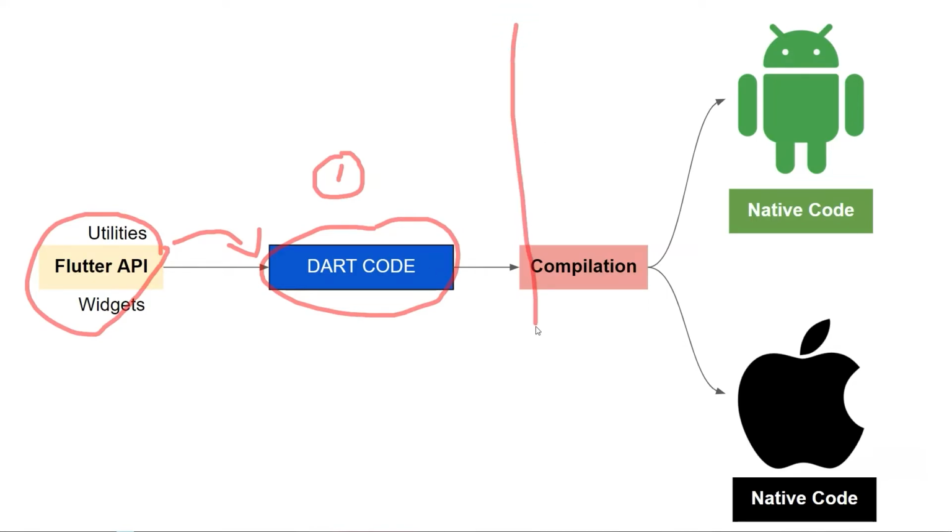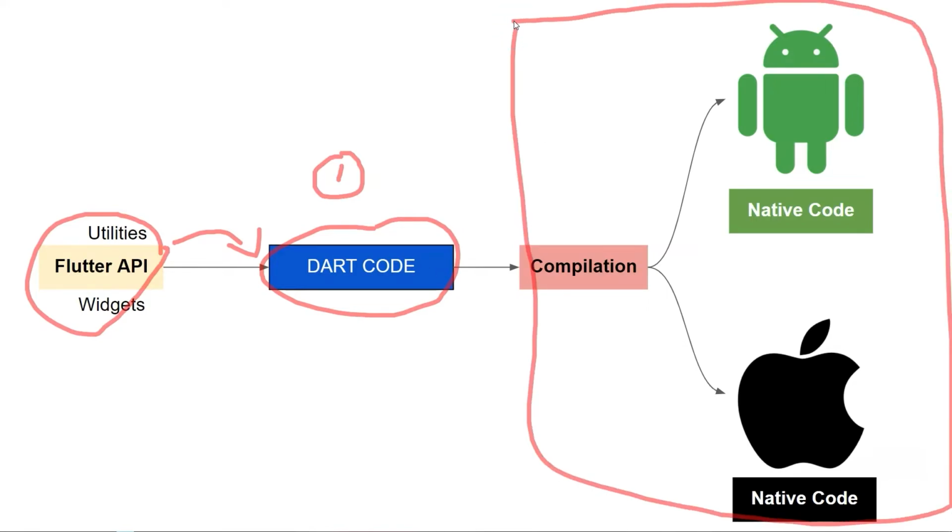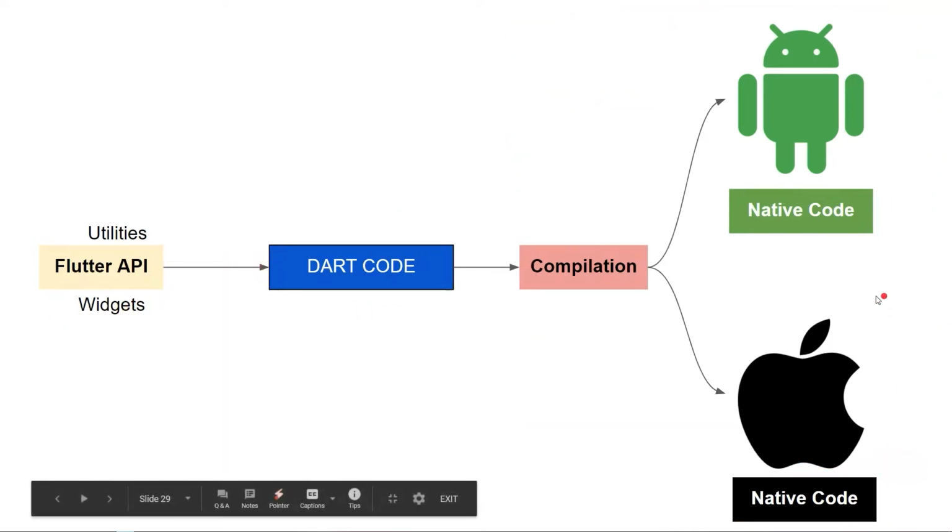Now, the compilation of this Dart code into native machine code takes the help of the SDK. With the help of the SDK, this entire Dart code is compiled into native machine code. It is not like it generates two different kinds of code for both devices. It just compiles into native machine code for both platforms. It does not create two different files.